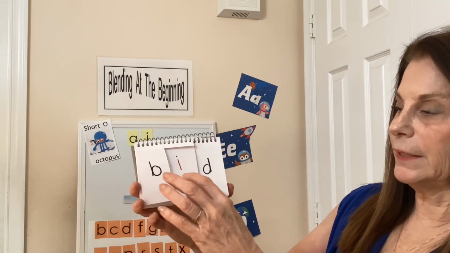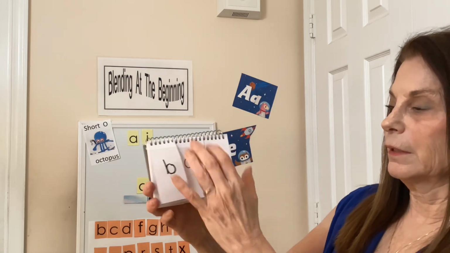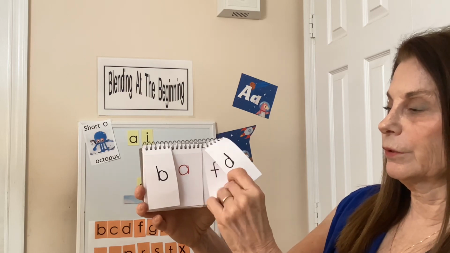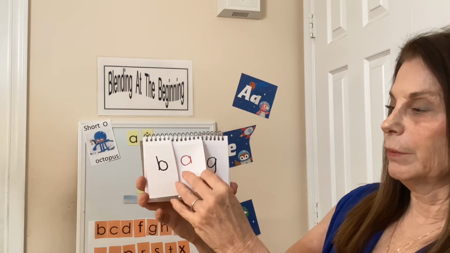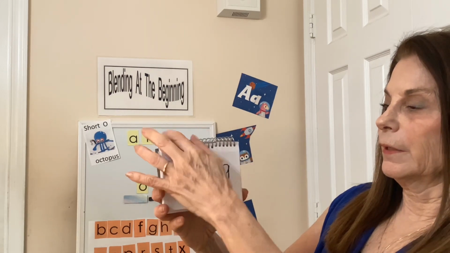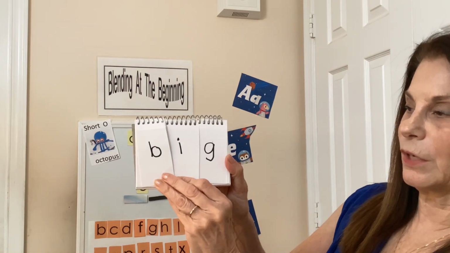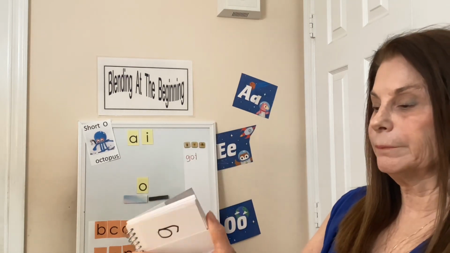So we have our CVC words, and they can just flip and read the words, find different words. And here I have it in red, but you can also make the vowel in the same color as the consonants, because eventually they're going to have to read it that way. Okay.